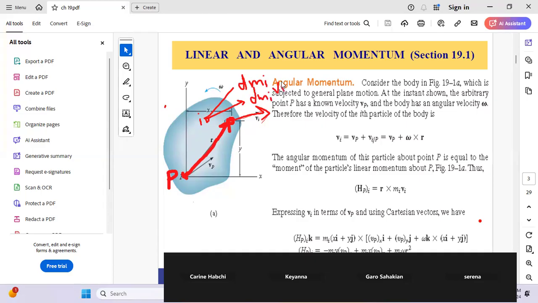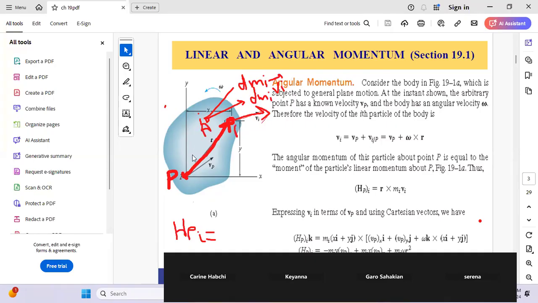We know that the angular momentum of this particle, H about P of particle i, is equal to the position vector from the point about which I am doing the angular momentum to the point of interest. If we call this point A, vector r is PA.